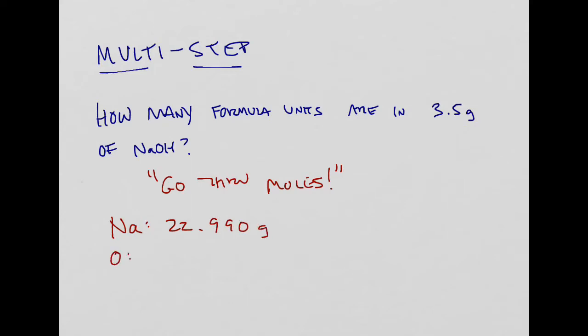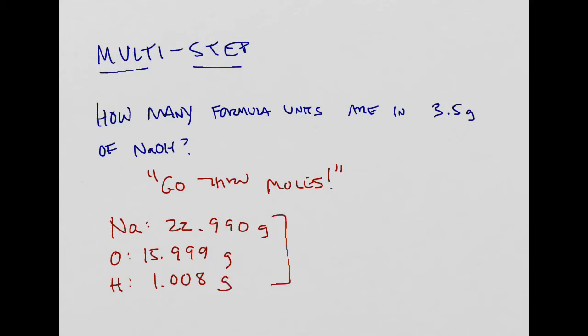The mass of a mole of oxygen atoms would be 15.9994. I'll just use it as 15.999 grams. And then lastly, for hydrogen, that would be 1.007 something, but we'll just go 1.008 grams.